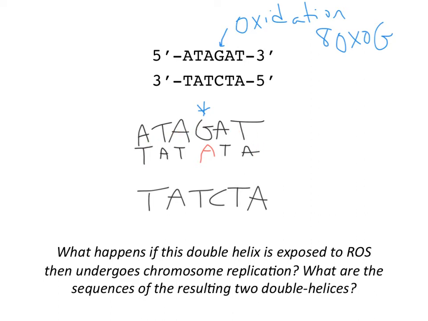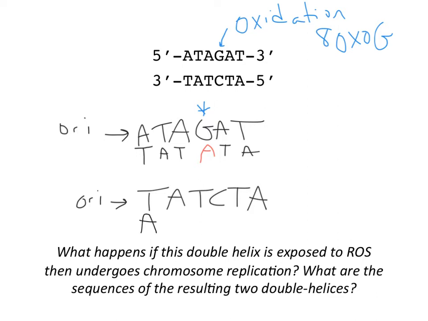What about the other strand? Does anything happen to it? Here's the original strand. So what is the other strand in the bottom here? What's its sequence from left to right? Base pairing happens.